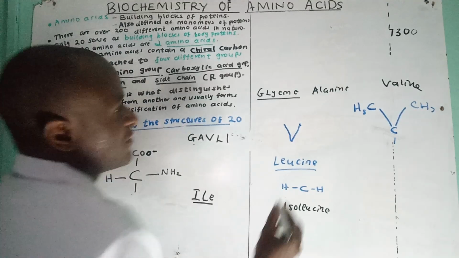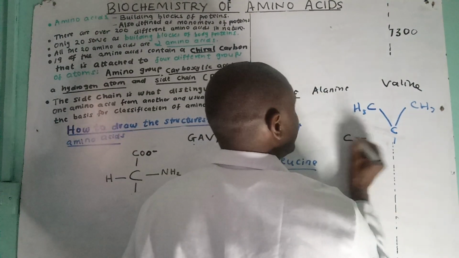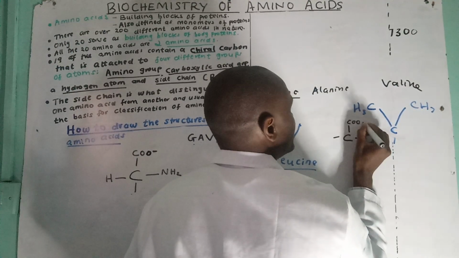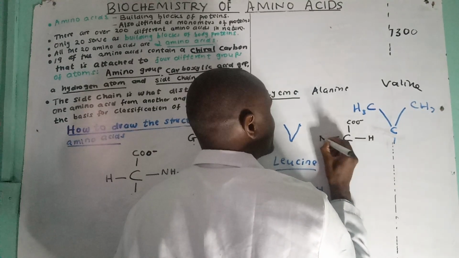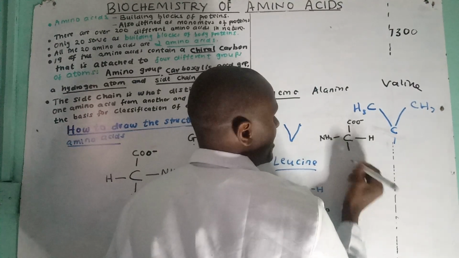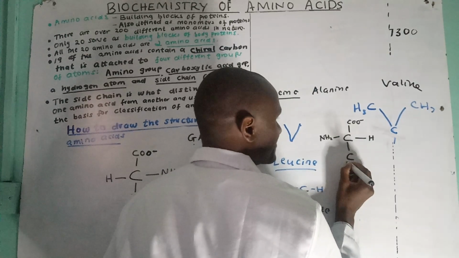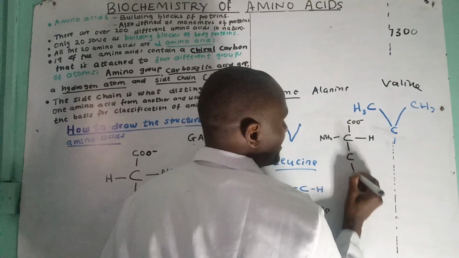So we've just drawn leucine like this. This is carboxyl group. This is our hydrogen atom. This is our amino group. So we had our leucine like that.